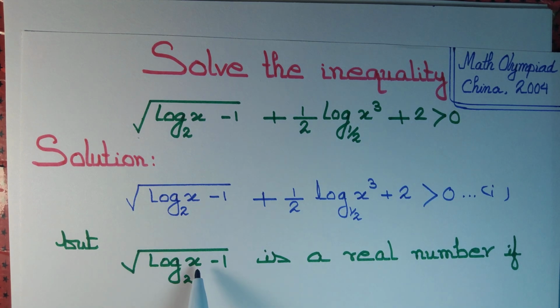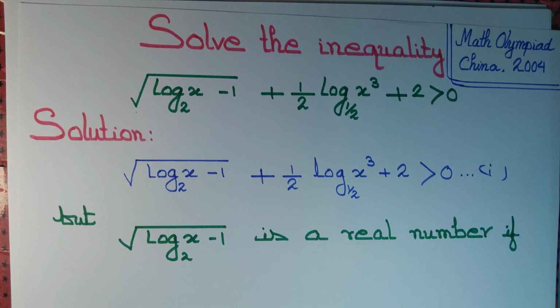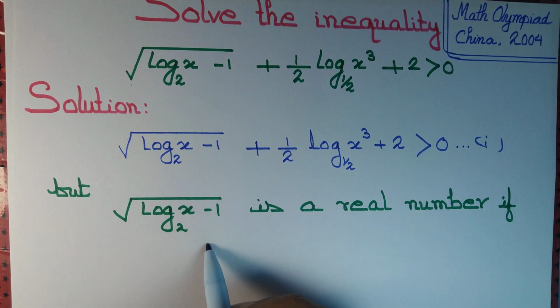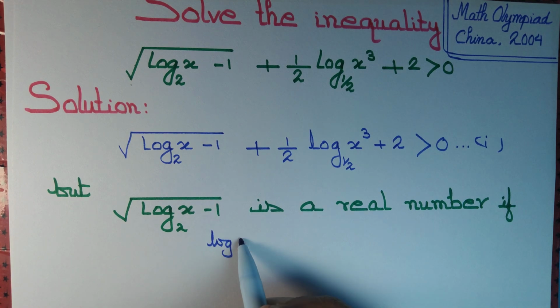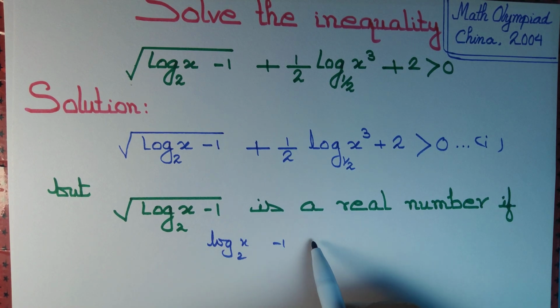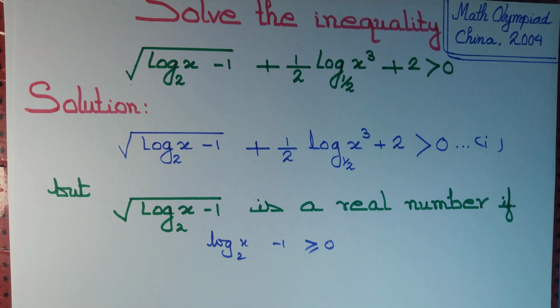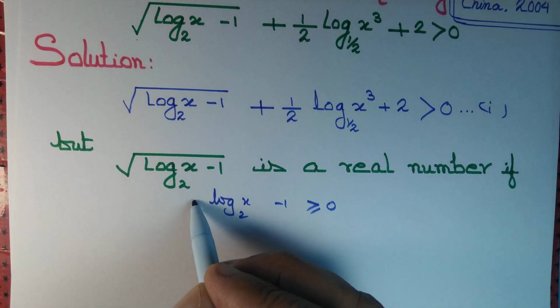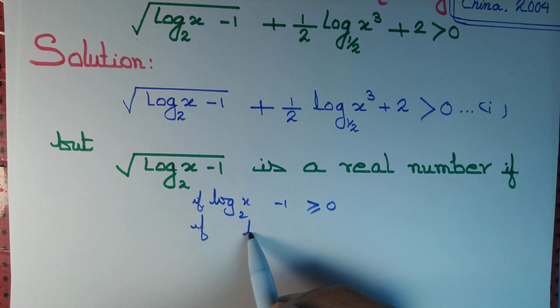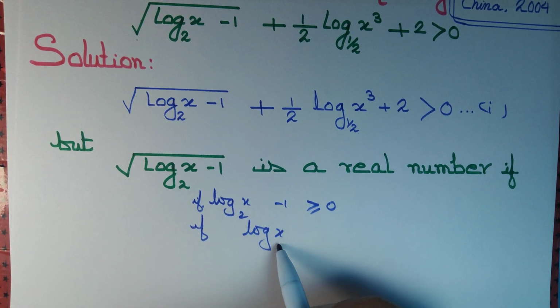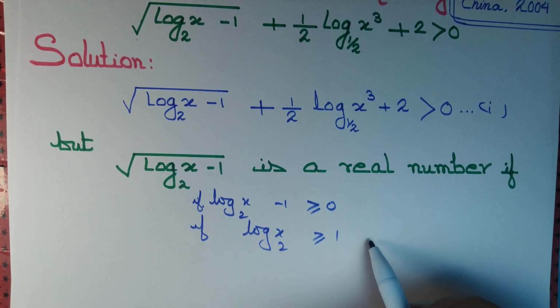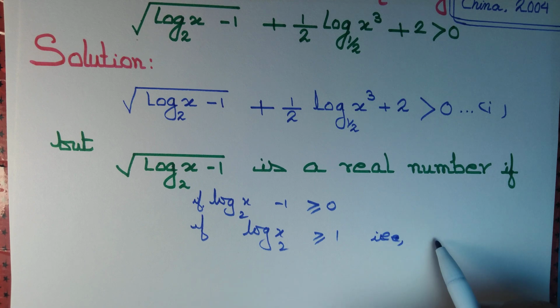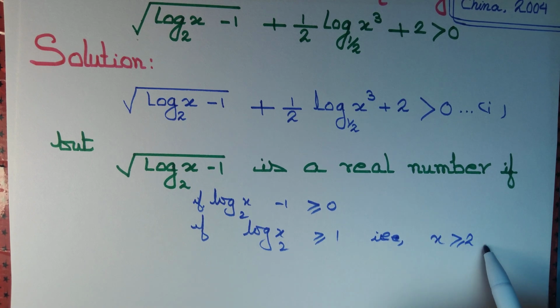So the square root of log of x with base 2 minus 1 has to be a real number if log of x with base 2 minus 1 is greater than or equal to 0, which is true if log of x with base 2 is greater than or equal to 1, that is, x is greater than or equal to 2.